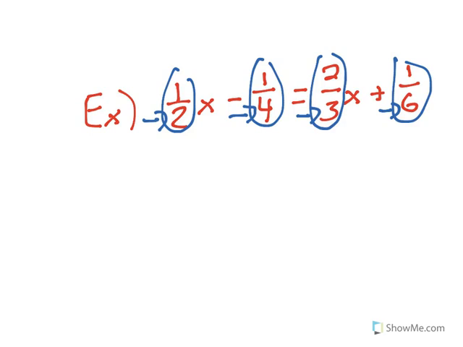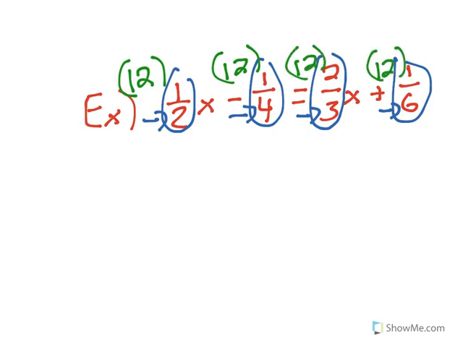You might do a little bit of trial and error. Hopefully, if you think for a second, you come up with a number. In this case, I would probably use the number 12. 2 can go into 12, 4 can go into 12, 3 can go into 12, and so can 6. So I'm going to multiply each of these terms by 12.